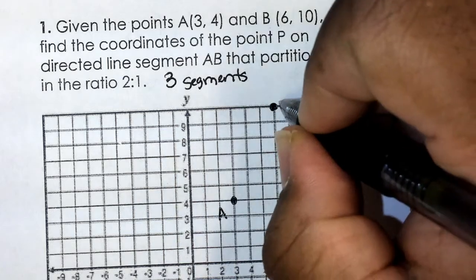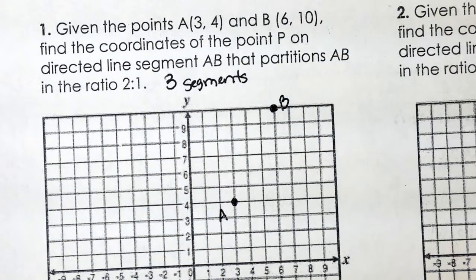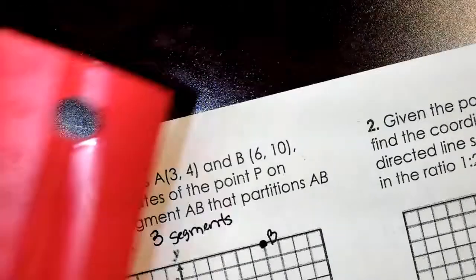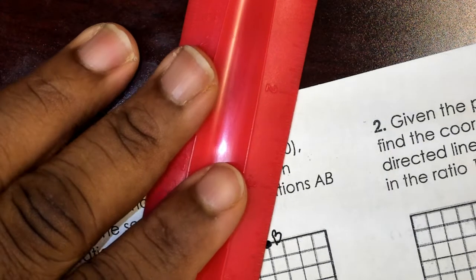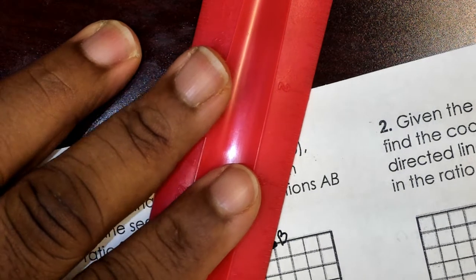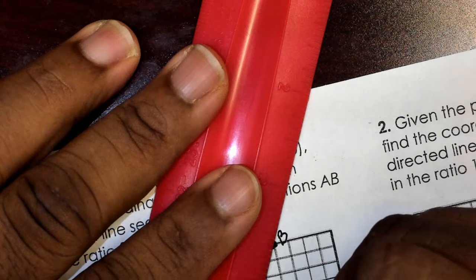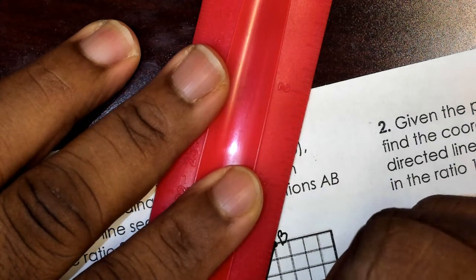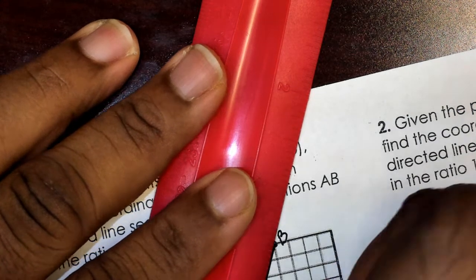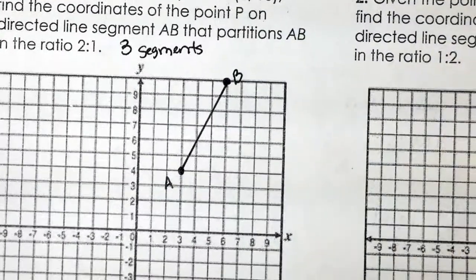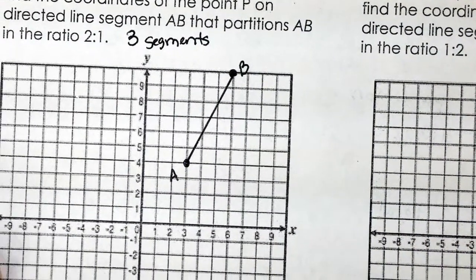Got A to B. Now, of course, we're going to start you out easy, but I'm going to still show you all the proper work that needs to be done if you want to get these right.